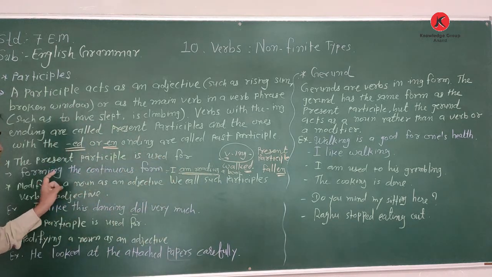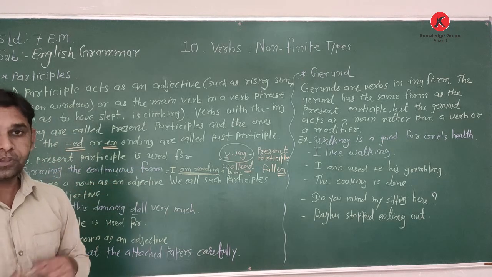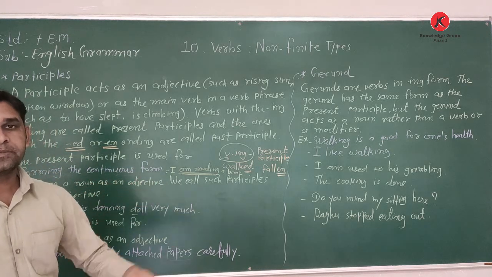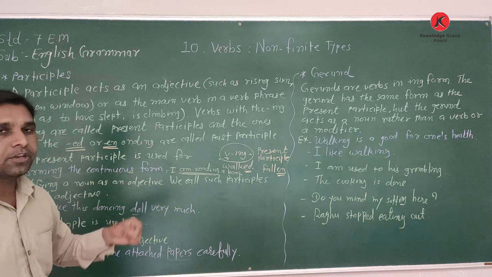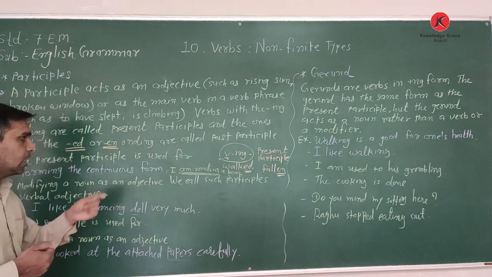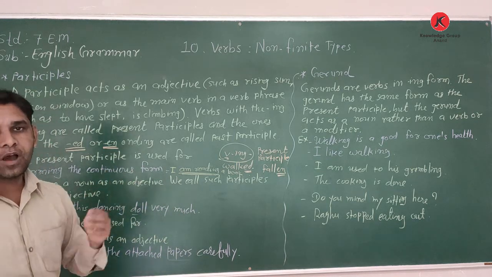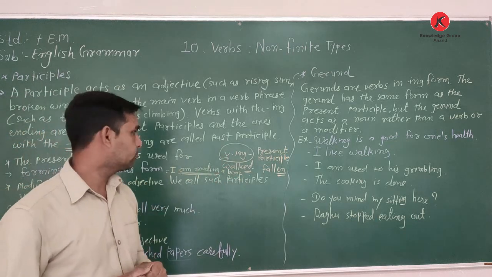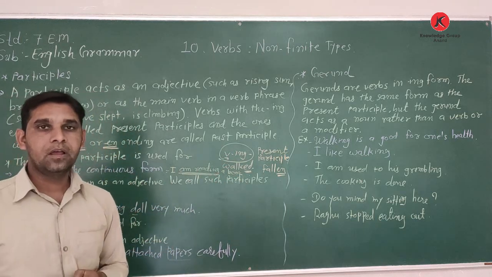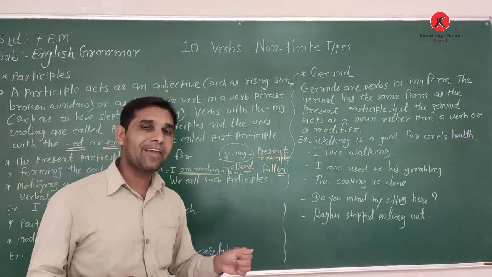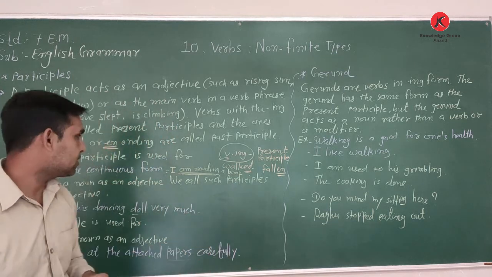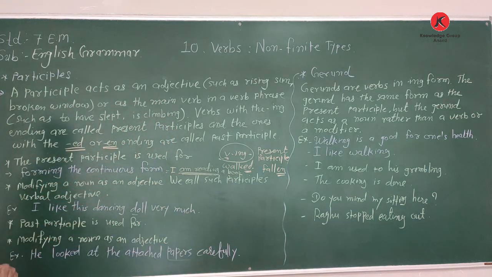So it forms the continuous form. We also use it for the past continuous form of verbs. For example, he was going out, they were driving cars.